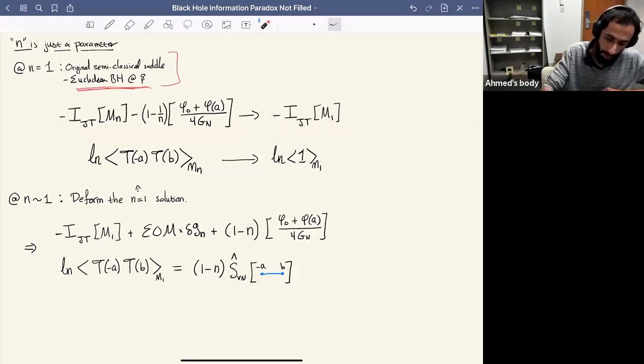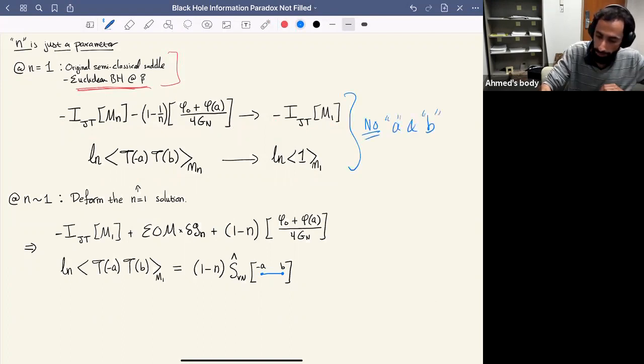That's what the gravity does, and the matter action? What happens to it is that the twist fields disappear. The point is that when you go all the way down to n equals 1, there's no more A and B. There are no conical singularities. Okay, so that's just a sanity check.